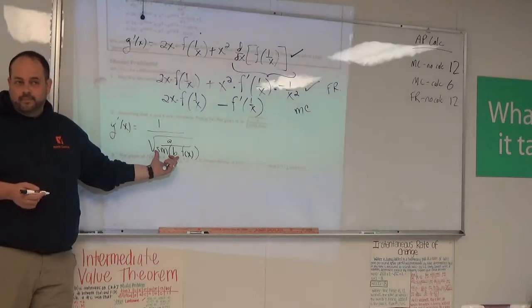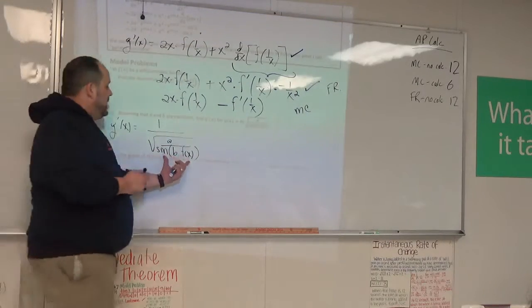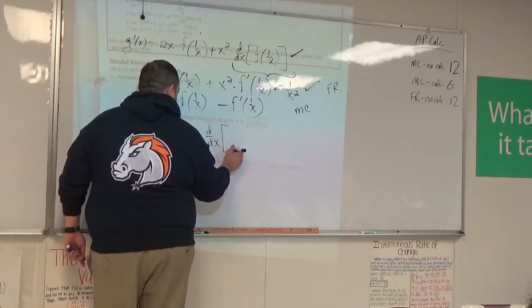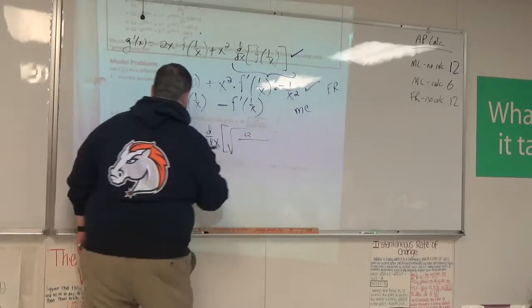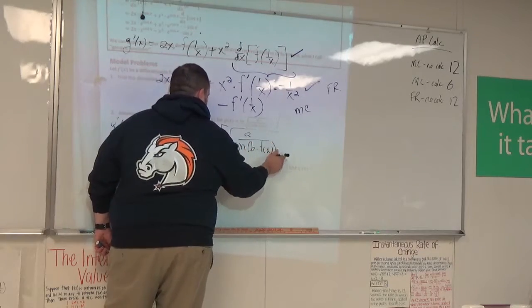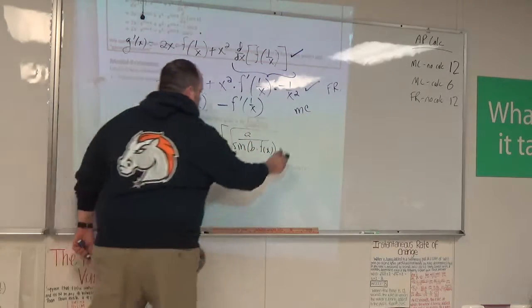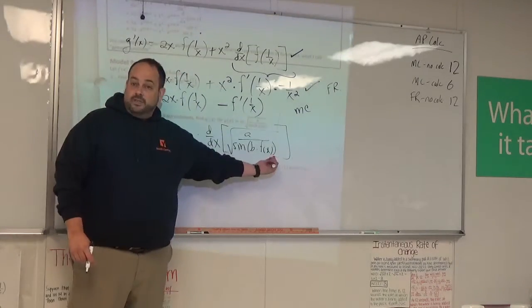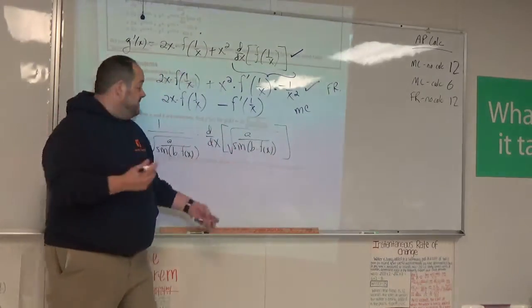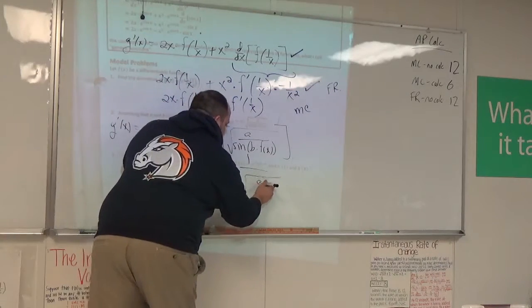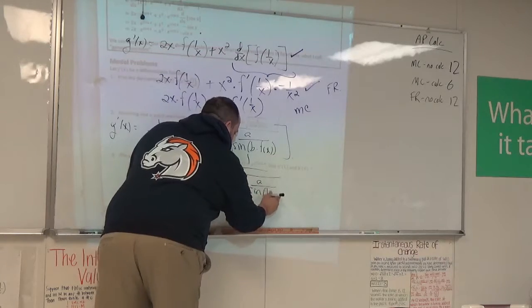Right? Why not? Now I've got to take the derivative of all the stuff. Derivative of the square root of a over sine of b times f of x. Whew. Still not done. I'm going to take the derivative of the square root of stuff, but I know the derivative of the square root of stuff is 1 over 2 square roots of the stuff.